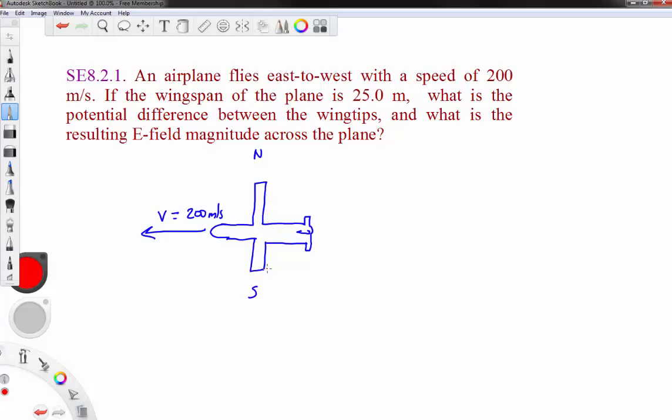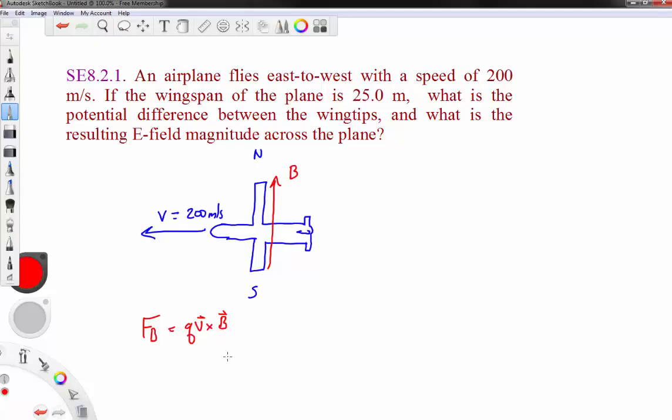So the magnetic field line might look like this, B, and here's V. If that's true, then the force F sub B is QV cross B, and that basically means that the charges are not moving to the two wingtips, but in fact to the top and bottom of the wing. But that's basically the case if you're flying near the equator.